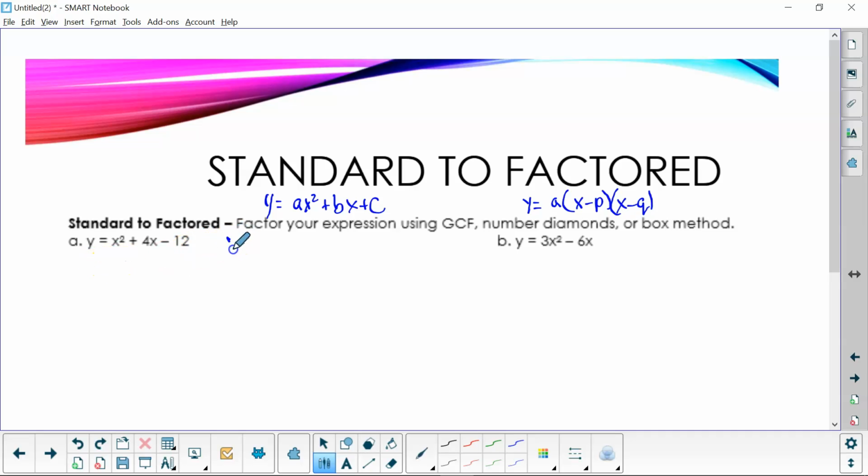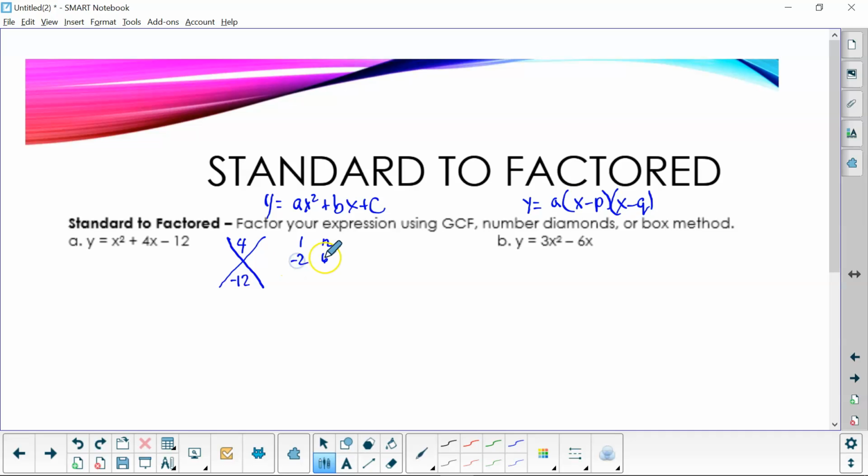I need to just factor this. I'm going to use the x factoring method. I want something that multiplies to give me negative 12, but adds together to give me positive 4. So I start by listing my factors. I have 1 and 12. 1 minus 12 would be negative 11. That's not going to get me there. How about 2 and 6? You know what?